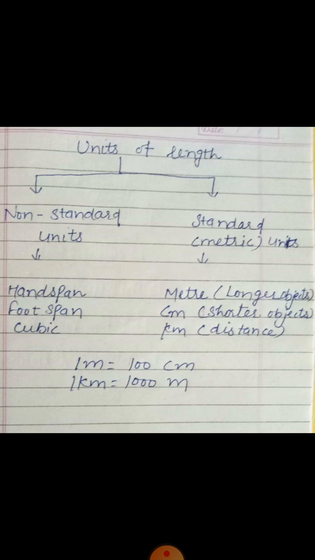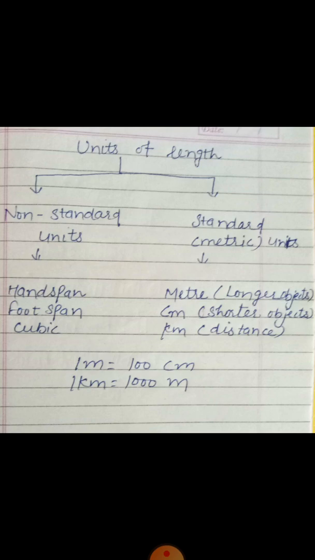So students, what have we studied? Units of length, non-standard unit and standard unit. Under the non-standard units, we have studied hand span, foot span, cubit. But under this, there are differences in the length measured.